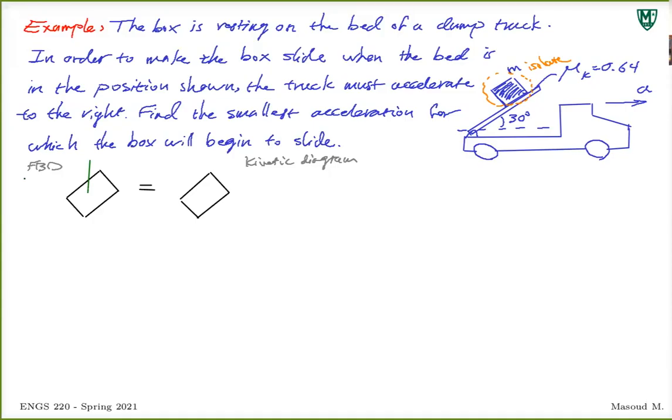Oh, well, up to the right, 30 degrees. Exactly, right? Because the motion would be this box is going to slide down. Friction is always against the motion. So if that's the direction of the motion, friction should be opposite. So that would be my friction, Fk. We want the box to move, so at the moment that it starts moving, that's the moment we're looking at. Friction upward, 30 degrees. And then we have our mg there. What else? Anything else?